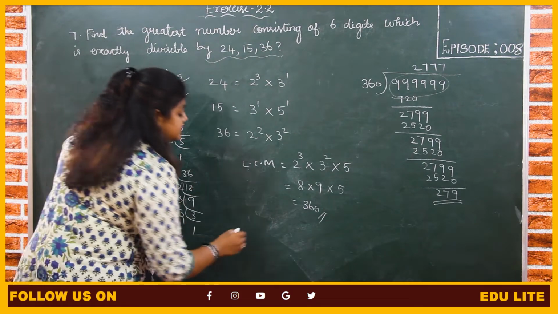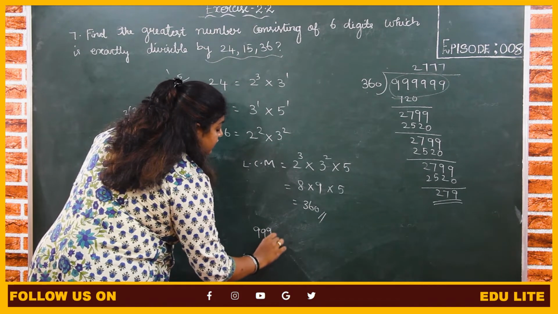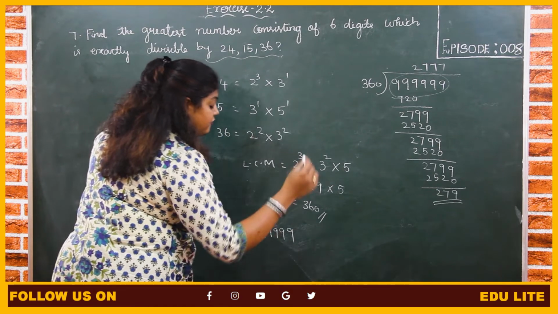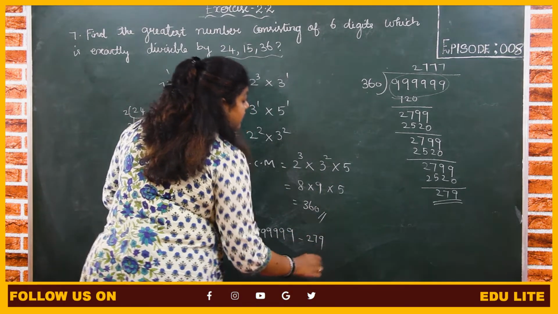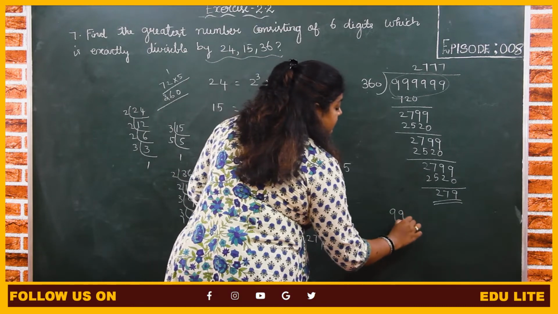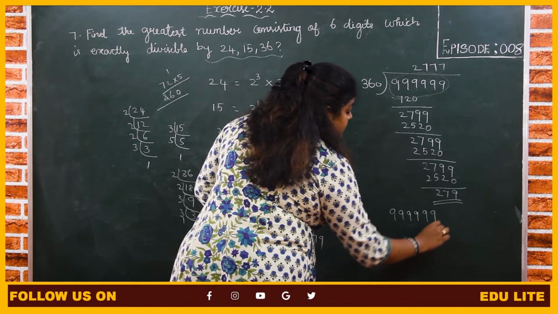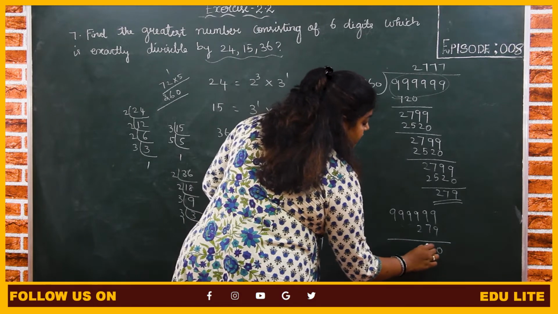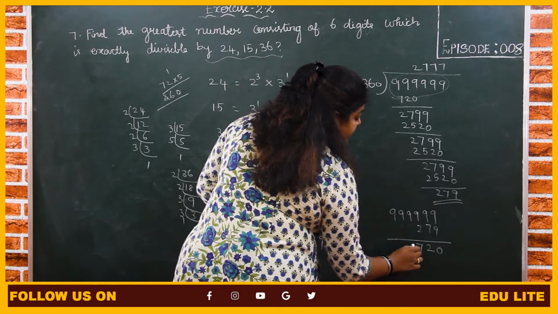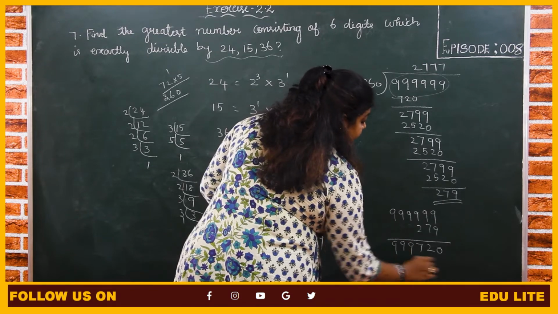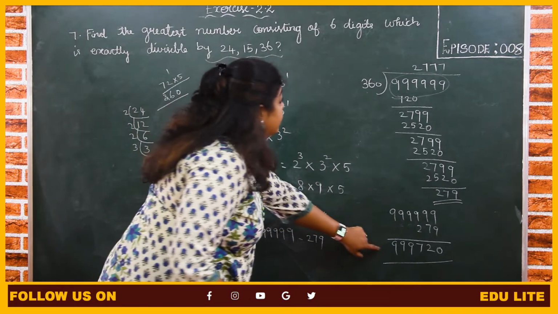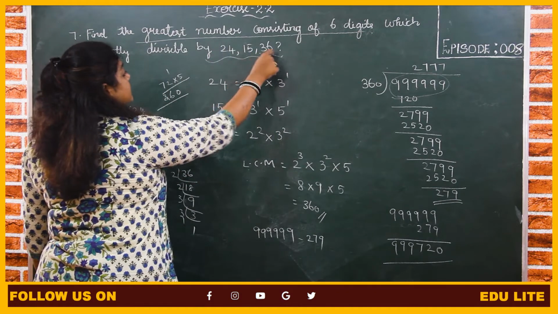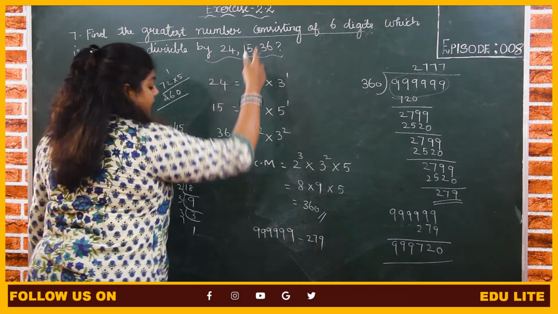So we have to subtract 279 from the largest 6 digit number: 999999 minus 279, which will be 999720. So this is the greatest 6 digit number which is divisible by 24, 15 and 36.